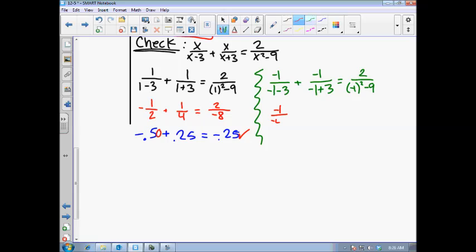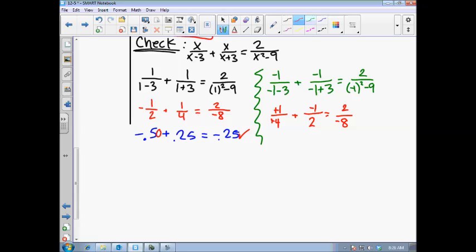Negative 4. What happens when we have a negative divided by a negative? A positive. Positive 1/4. Plus negative 1 over what? 2. Equals 2 divided by, okay, what's negative 1 squared? 1. Positive 1, good. Minus 9 was negative 8.